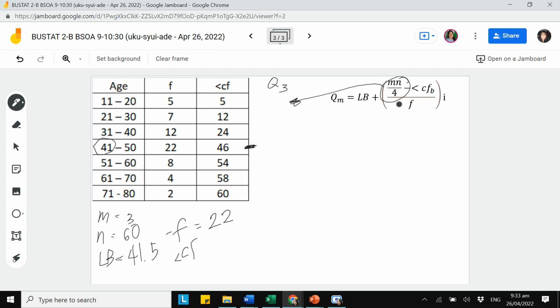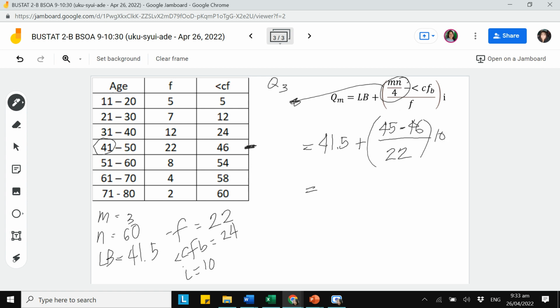The less than cumulative frequency before is 24. And then the interval is still 10. Okay? So, let's substitute. So you have 41.5 plus our value from earlier, 45 minus 46 all over the frequency, which is 22, times 10.